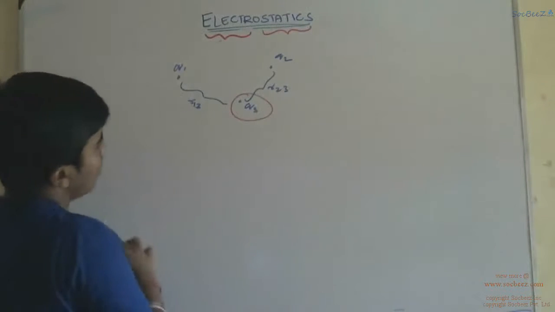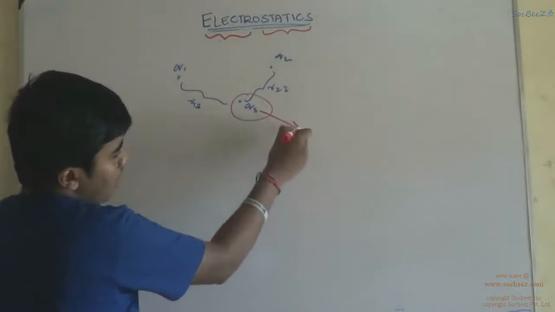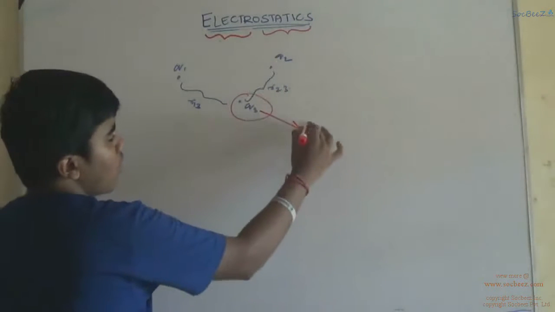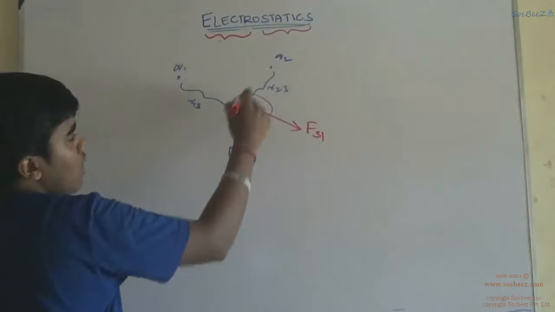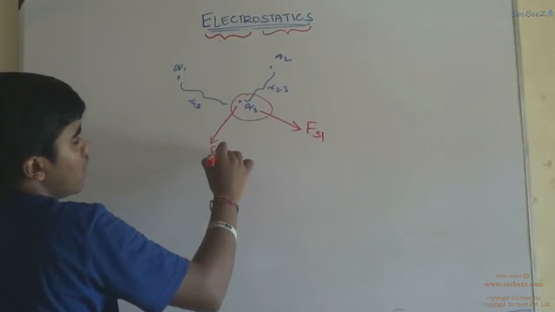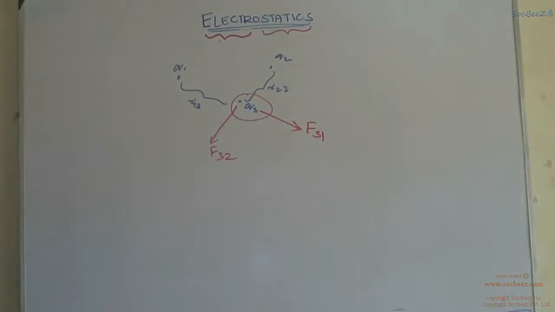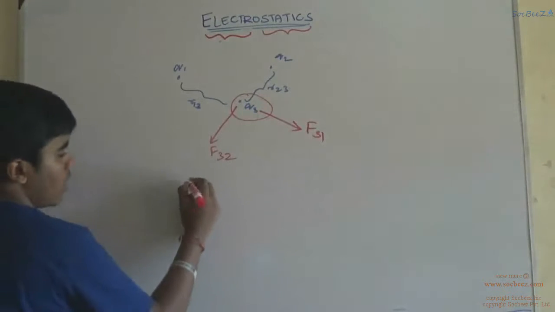So we know that the force due to 1 on 3 will be in this direction, and the force on 3 due to 2 will be in this direction, considering all are positive. So the force is repulsive, and we know that force is a vector quantity, so we'll have to do a vector addition over here.